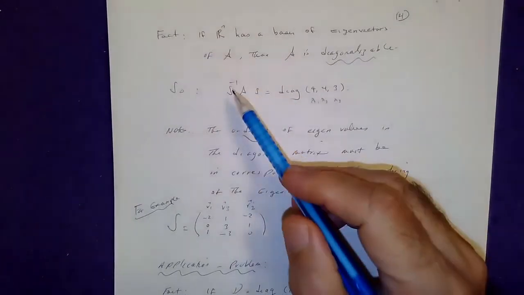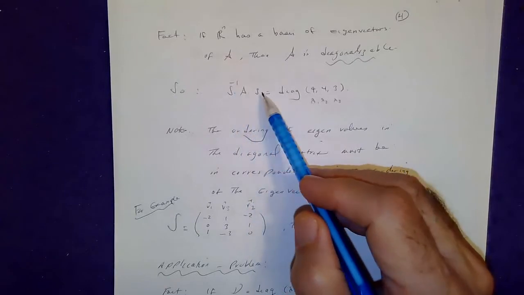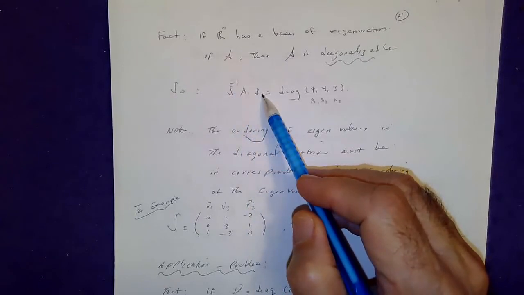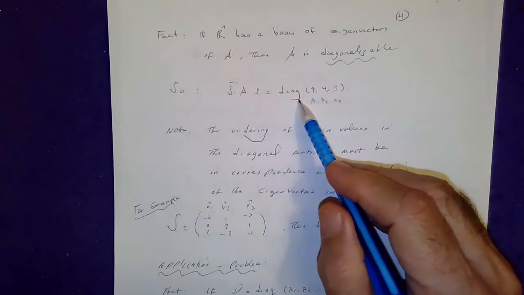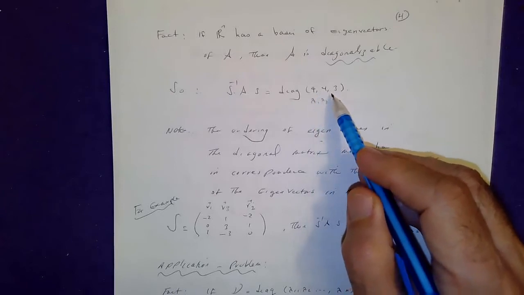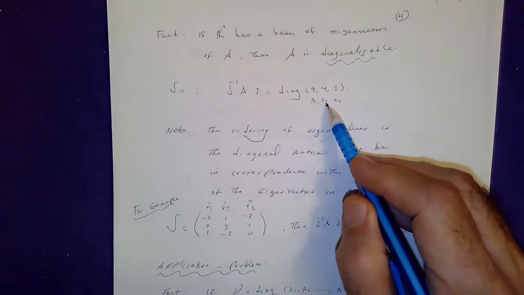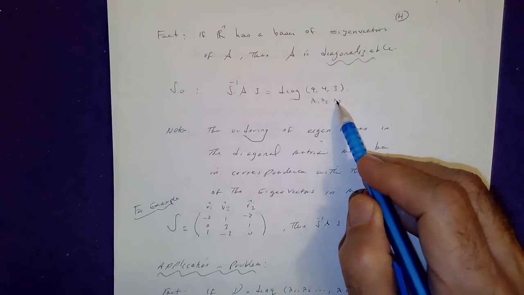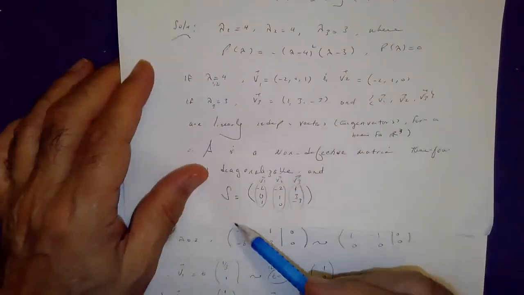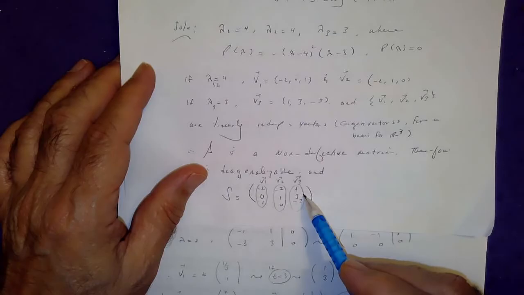So what I'm saying is, if you find the inverse and multiply it by matrix A and by S, it's supposed to be similar to a diagonal matrix whose main diagonal elements happen to be lambda 1, lambda 2, lambda 3, because I listed the columns of S in terms of V1, V2, V3.